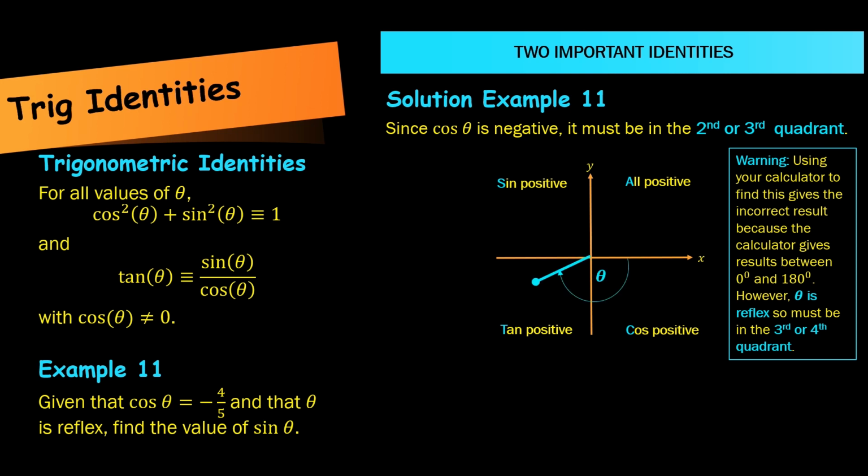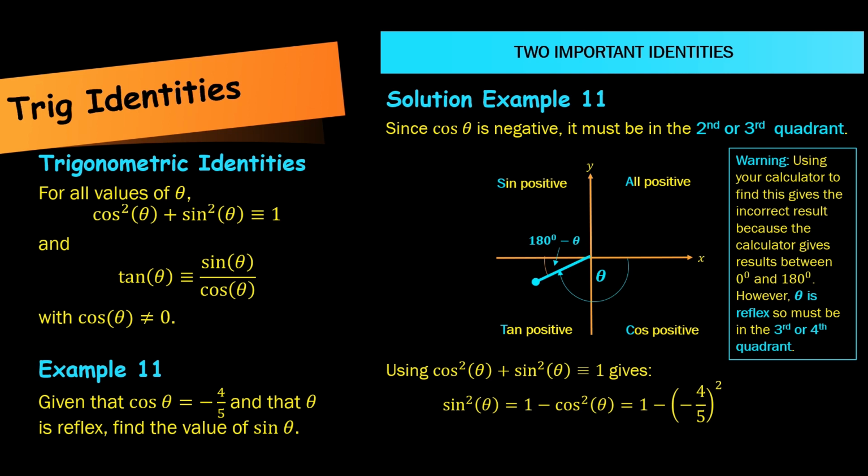And of course the little angle is 180 degrees minus theta. Using cos squared plus sine squared is identical to 1 gives us that sine squared equals 1 minus cos squared. And of course we can substitute cos theta equals minus 4 over 5 in this equation to give us that sine squared theta equals 3 over 5 all squared, which implies that sine theta equals plus or minus 3 over 5.